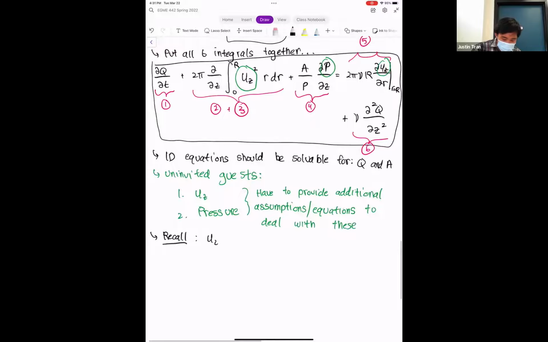UZ, in this case, is just a function of r, and so it's a function of radius. This describes the velocity profile inside a single cross section.